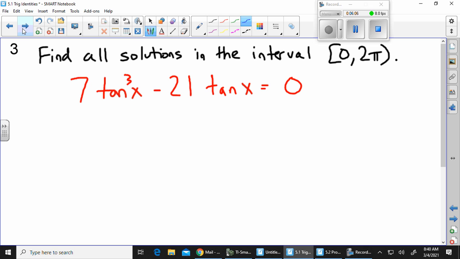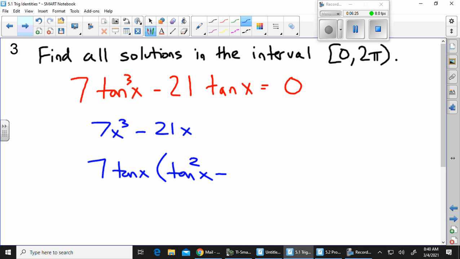Well, again, what would you do with 7x cubed minus 21x? I hope you would tell me that you would take out a 7x. So I'm taking out a 7 tan x. What am I then left with? Tan squared minus 3.